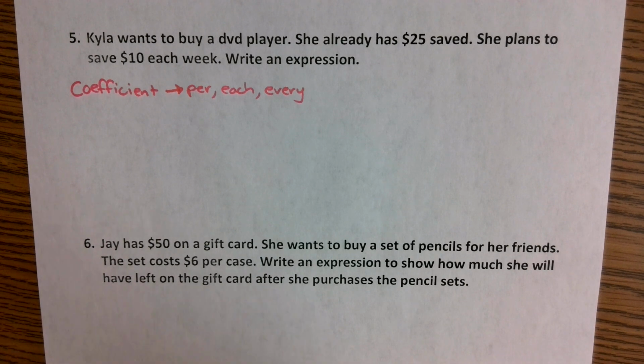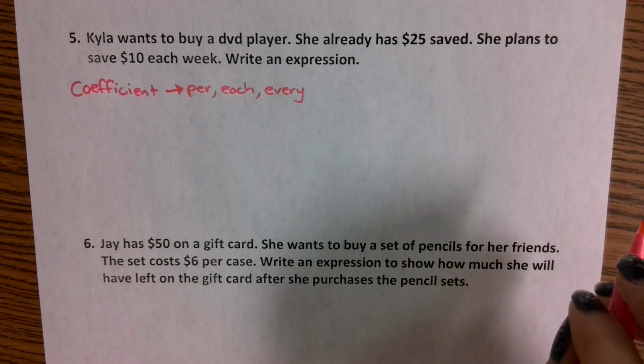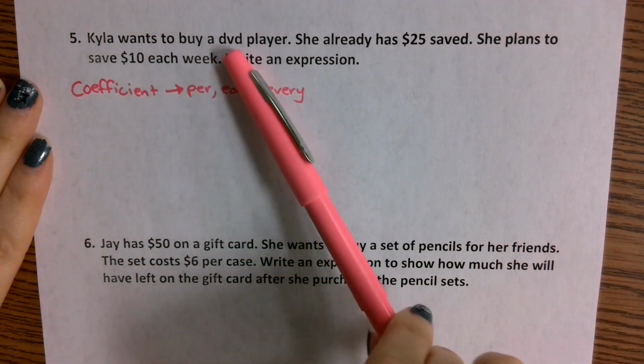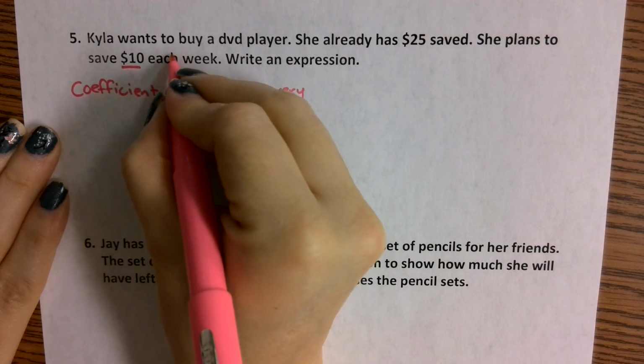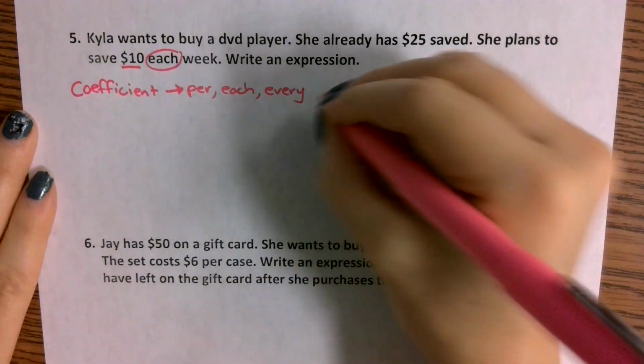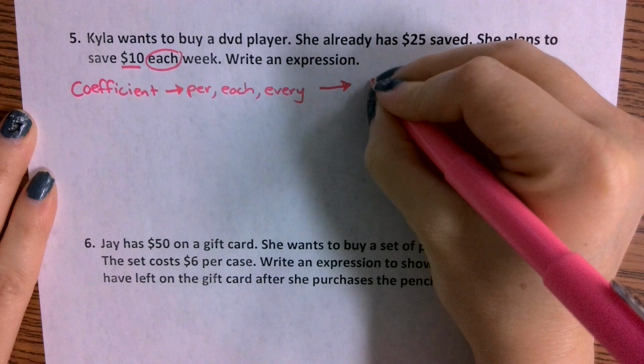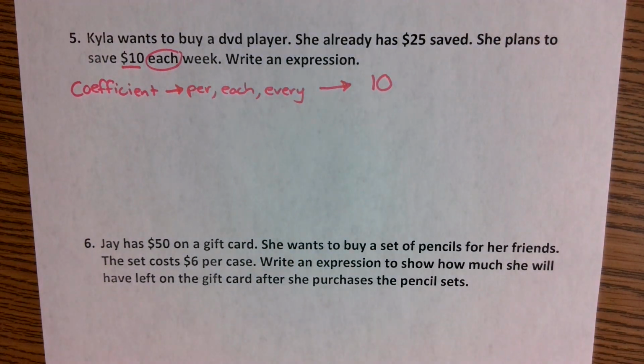That's usually going to attach a multiplication problem to it. So here it says Kyla wants to buy a DVD player. She already has $25 saved. She plans to save $10 each week. $10 each, because of the keyword each, is going to create our coefficient. So 10 is going to be our coefficient.